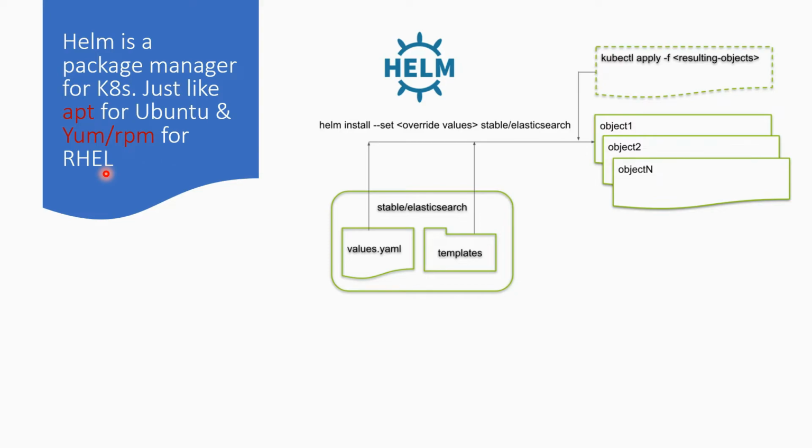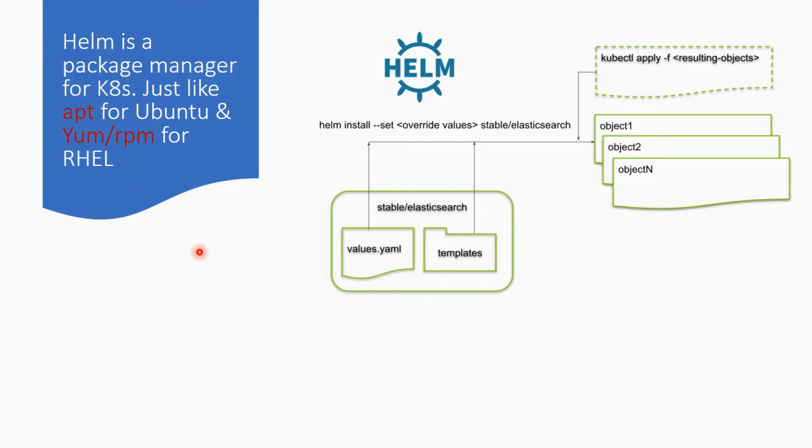Okay, so for example, if you want to install a package in Ubuntu or in RHEL, you just do a yum install or apt install and the package name. You do not install all the files of the package separately or individually. So the package manager will do that job on your behalf.